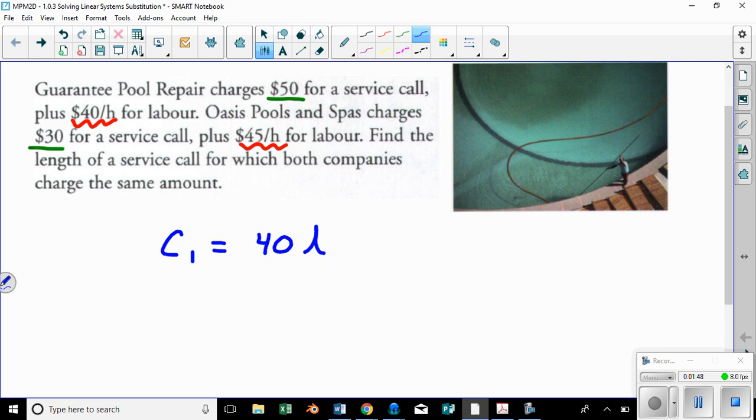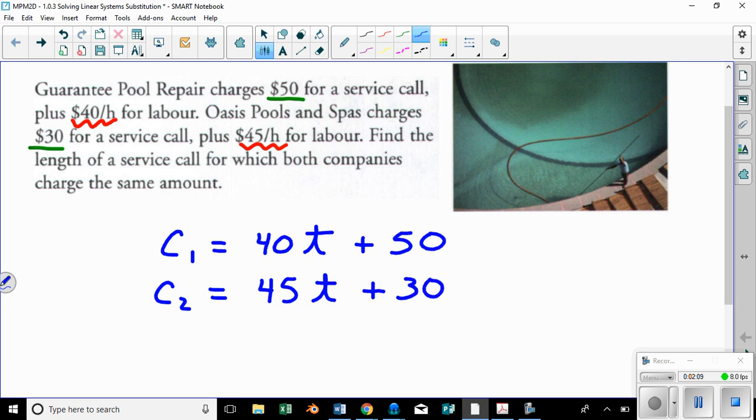Therefore, we're going to use t to represent time, plus the constant value of $50 for the service call. The second pool company is going to have a charge, same format: you've got your $45 per hour times the time plus your $30 fee for the service call itself, which is a constant value. So here are your two equations in y equals mx plus b format.